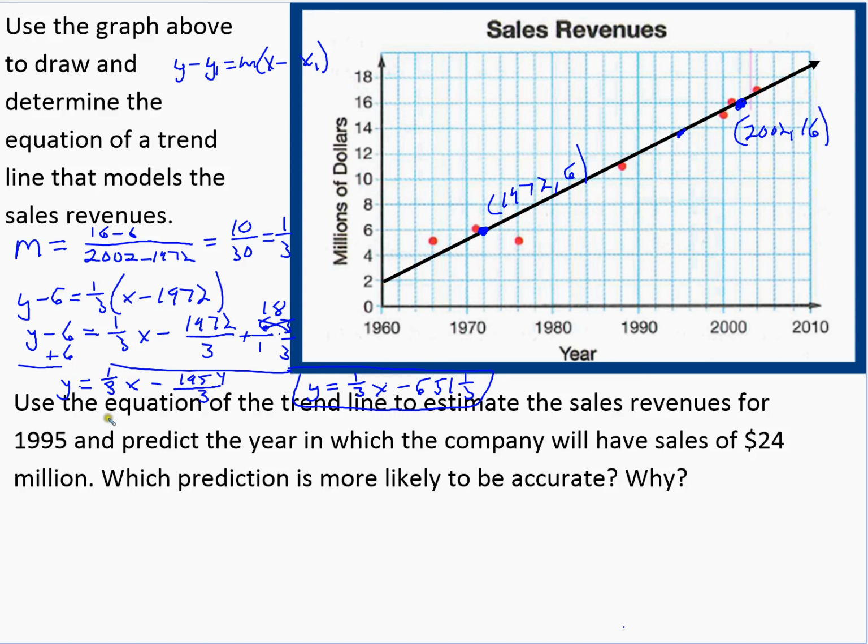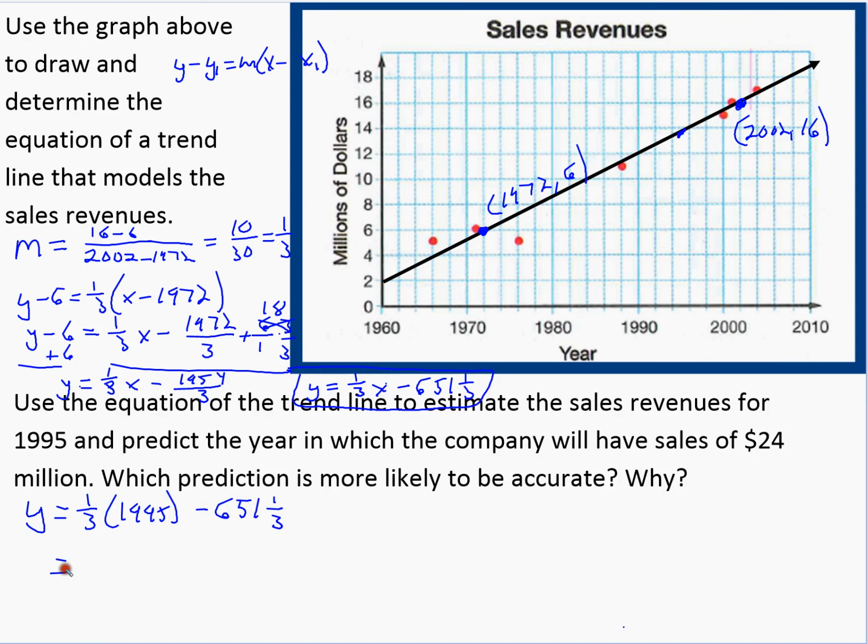But what we can do is use the equation. So we're going to put y equals 1/3 times 1995, putting our x value in there, minus 651 1/3.